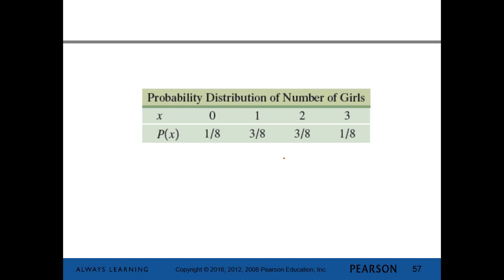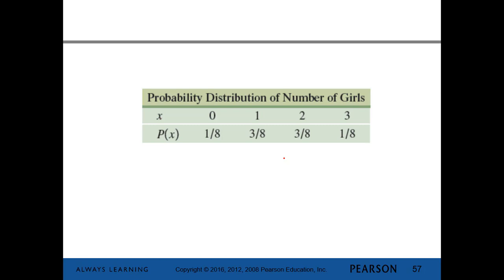Just like the coin tosses, you can have heads or tails, so you can have boys or girls. If you have 0 girls, that means all boys, so it's 1 out of 8. Notice that this has the exact same distribution as we saw with the tails example when we had 3 coins and we wanted the number of tails.